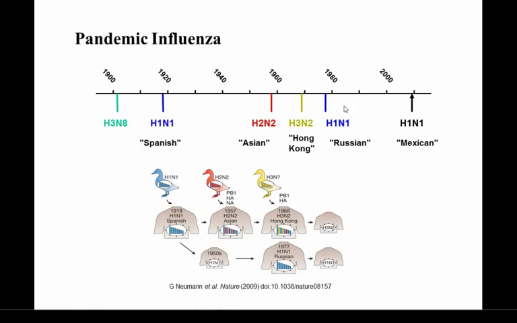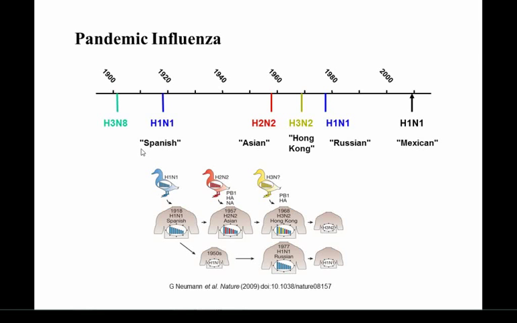So there have been several of these events. The last one was in 2009, the Mexican influenza. And this one was not very dangerous. It was less pathogenic than the seasonal flu. And at the other end of the spectrum, you've got something like the Spanish influenza here. It probably killed, I don't know, 25 to 50 million people over a 2-year period.